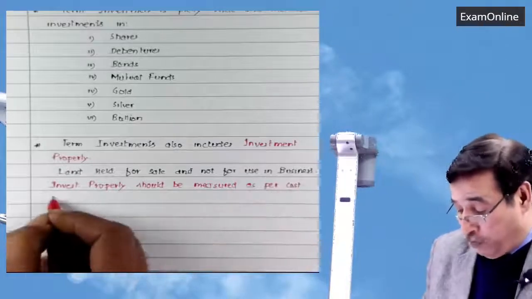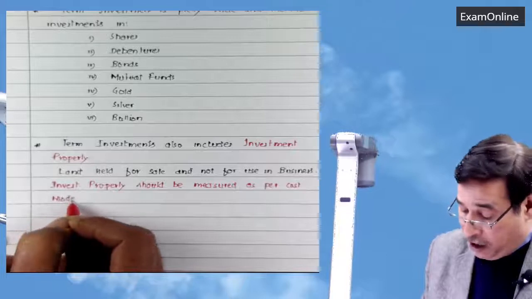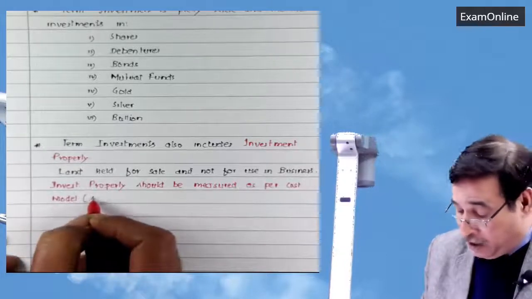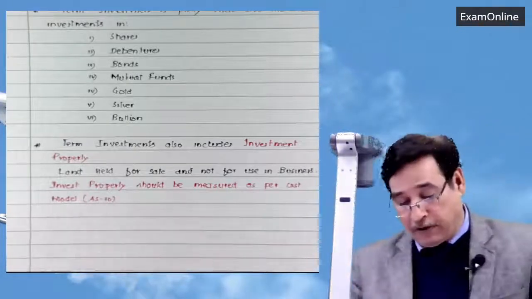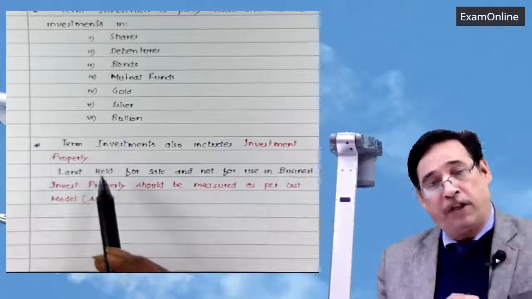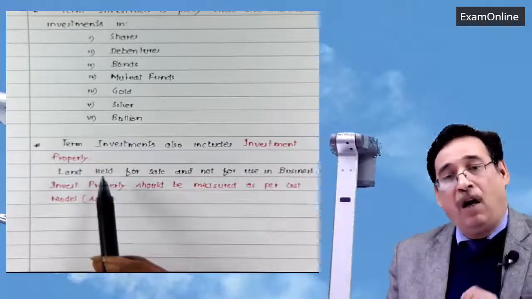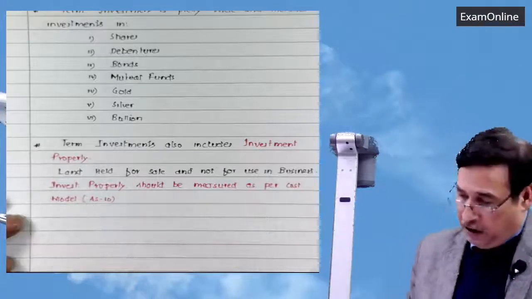Now this guideline is given by AS10, which relates to property, plant and equipment, as you know. So valuation of investment property is covered by AS10. However, investment property is covered by AS13. Is it clear to you or not?